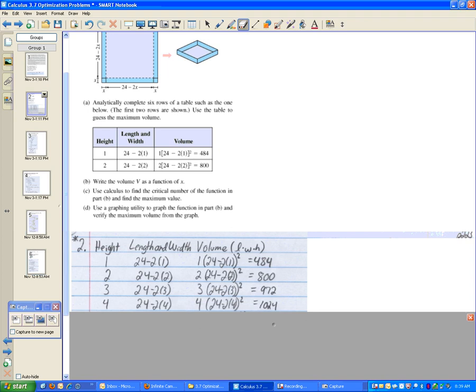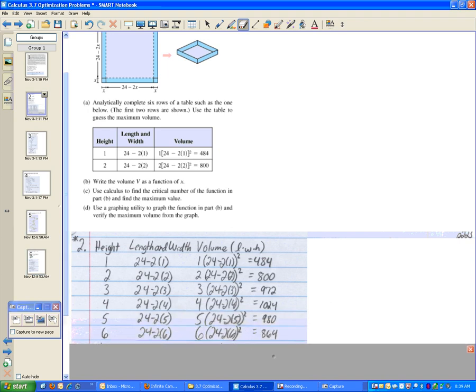Go ahead and do the last two rows and see if you end up with what I end up with. So do we all have the same 6 rows?